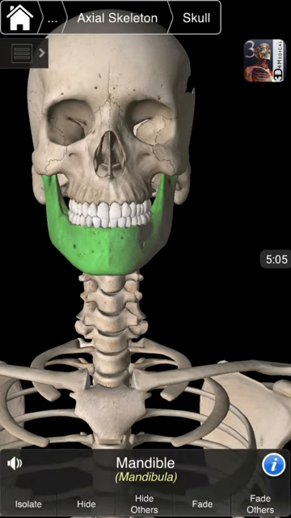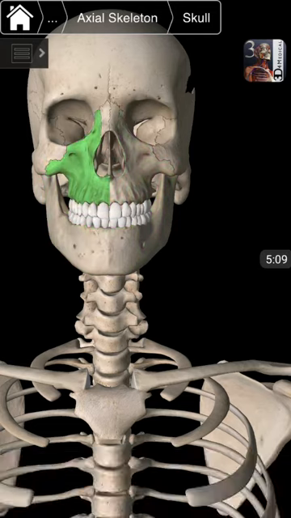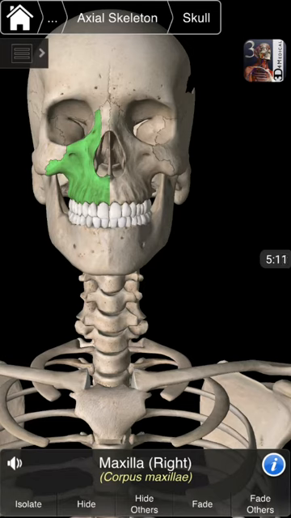Mandible and maxilla are special. They have got sockets for the teeth. Maxilla bears the sockets for upper jaw teeth, and likewise mandible bears sockets for lower jaw teeth.